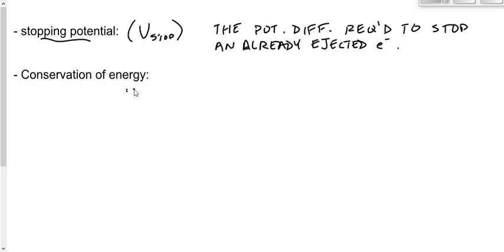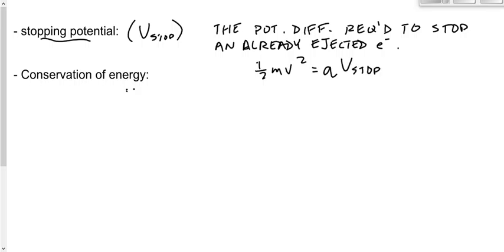Stopping potential. You guys know that if the electron has kinetic energy, then that kinetic energy ends up being transformed into potential energy as it slows down, right? Like a car going up a hill, it has kinetic energy at the bottom, gets transformed into potential energy when it goes to the top. We would say here that the kinetic energy that the electron has, 1/2 mv squared, ends up being converted to potential energy as it slows down and stops.